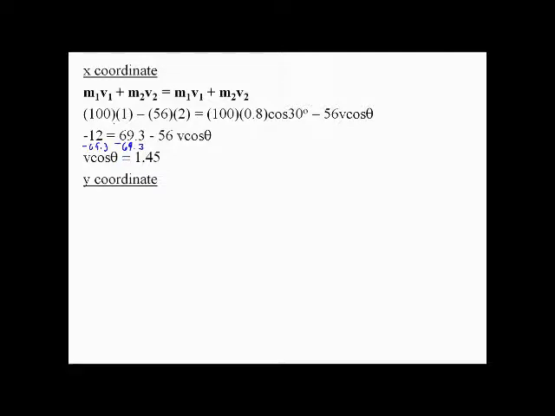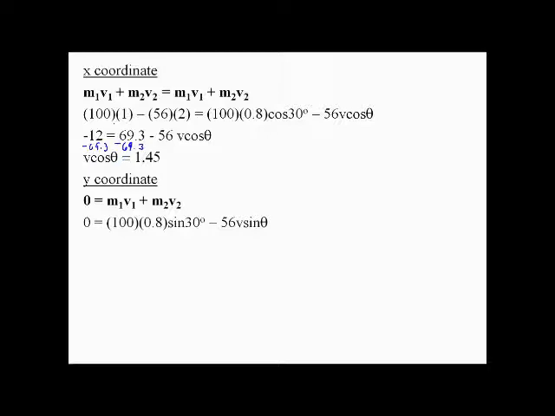Now we'll take a look at the y-coordinate. They were both running horizontally the way we looked at it. So in the y direction, the initial momentum was 0. We had a lot of information for the 100-kilogram man.